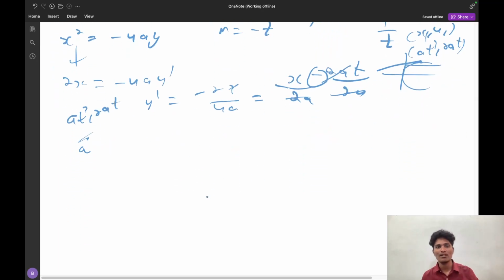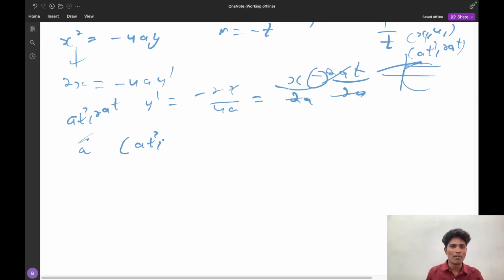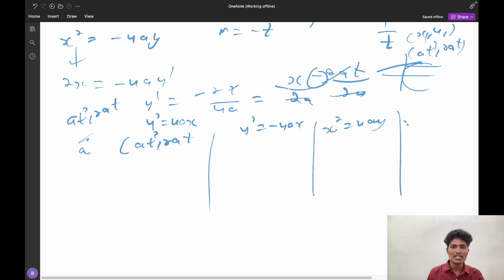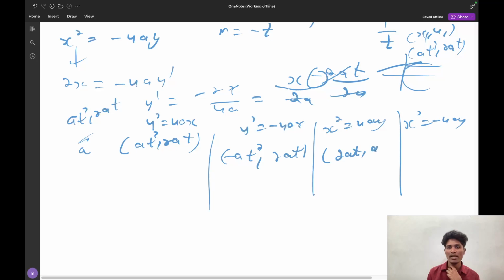Simply take the parametric coordinates, that is at square comma 2at. For the other parabolas, this is y square equal to 4ax, this is y square equal to minus 4ax, this is x square equal to 4ay, and this is x square equal to minus 4ay. If you observe very carefully, these are the parametric coordinates: for this one it is minus at square comma 2at, for this one it is 2at comma at square, and for this one it is 2at comma minus at square. Yes, understand?